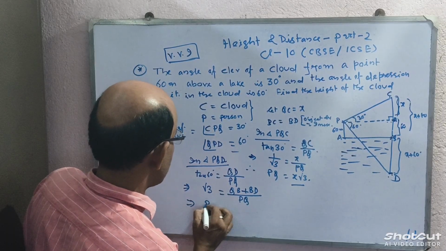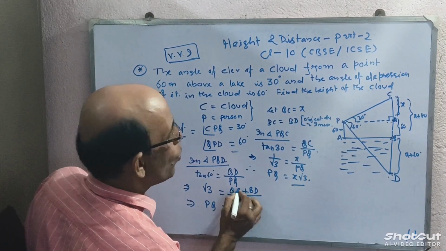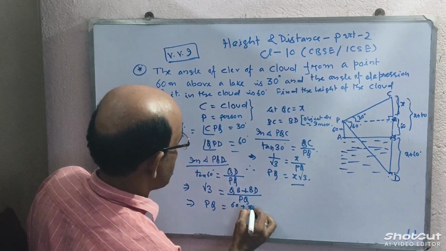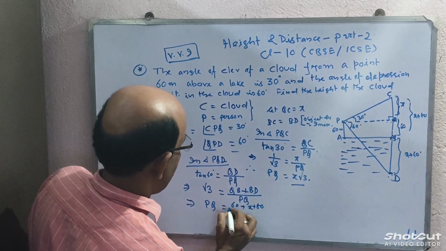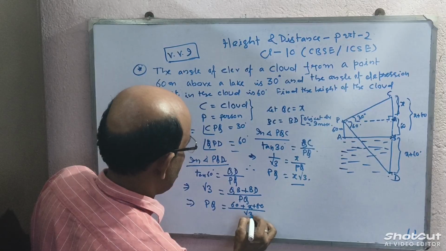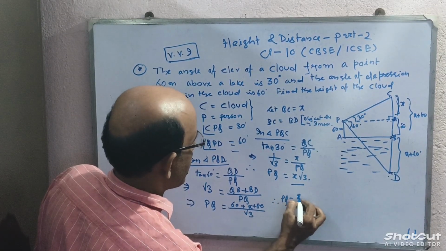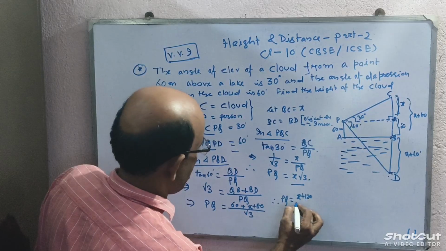Therefore, PQ is equal to QB, QB means 60 plus x plus 60 divided by root 3. Therefore, PQ is equal to x plus 120 by root 3.